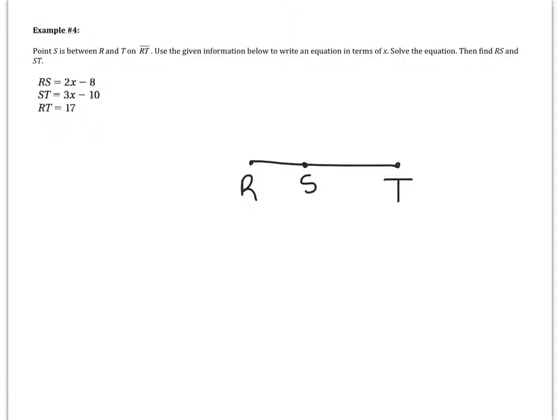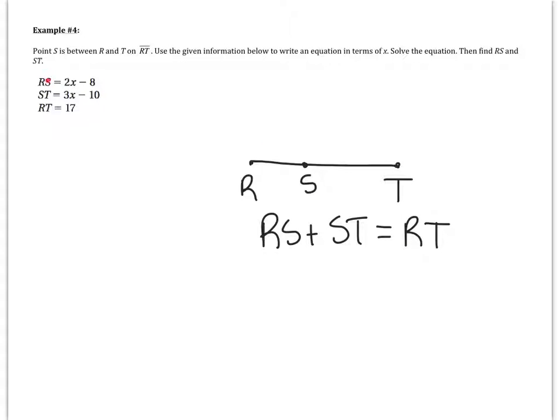So again, we would have RS plus ST equals RT. In the information that we're given, we are told that the length of RS is 2x minus 8, the length of ST is 3x minus 10, and the total length of the segment RT is 17. So let's just substitute this stuff in there.